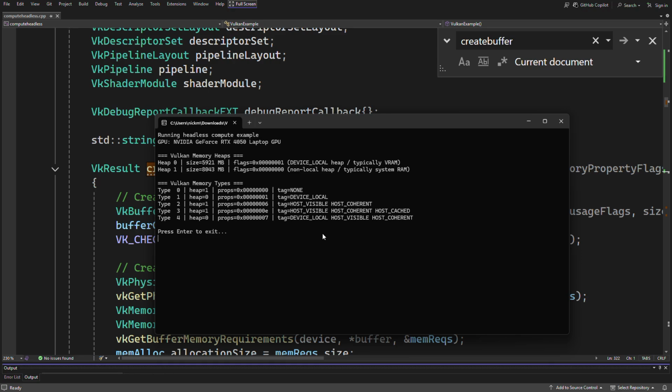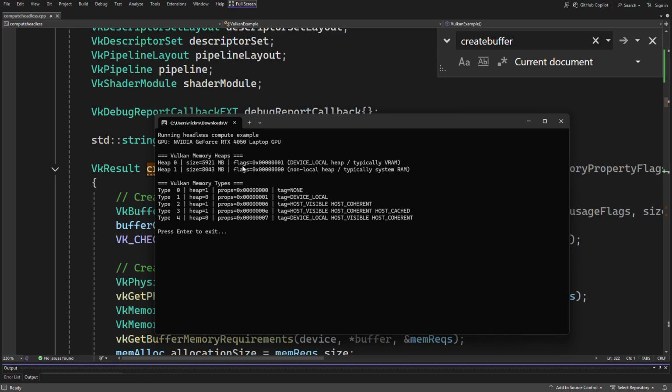Okay, now there's a thing called Vulkan memory heaps and Vulkan memory types. All right, and we need to fully understand what's going on here. First of all, the memory heaps is like what everything derives from.